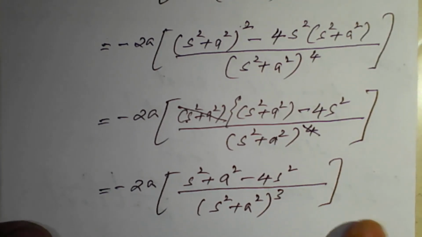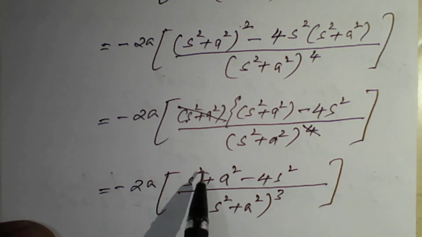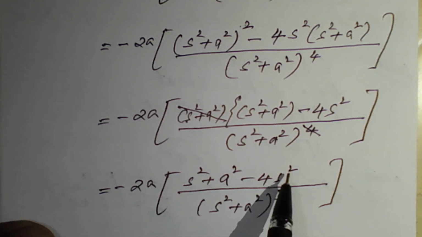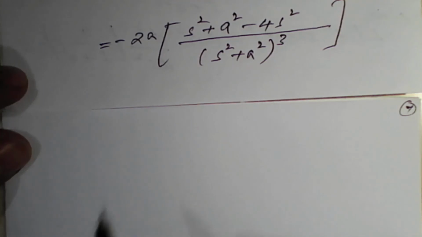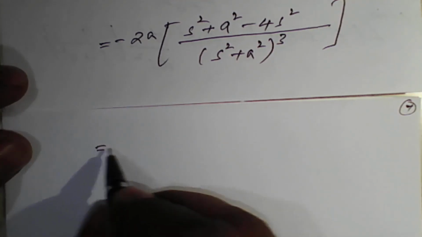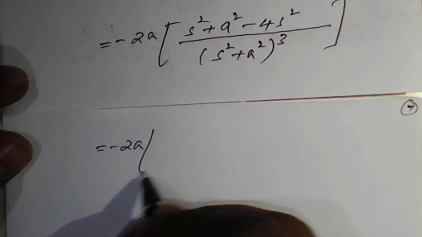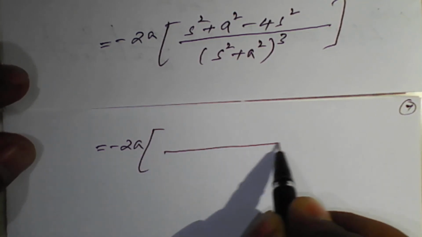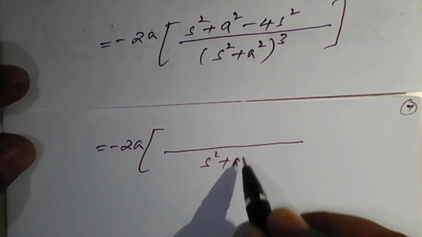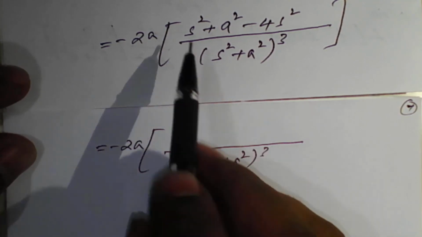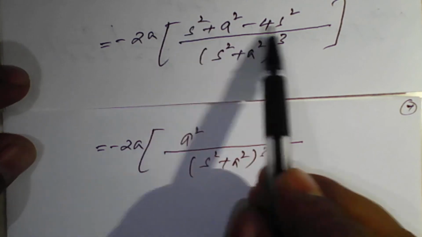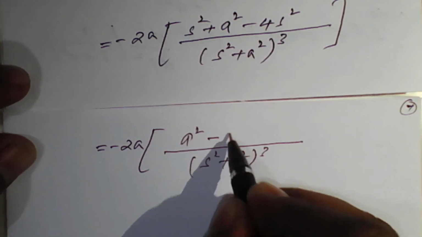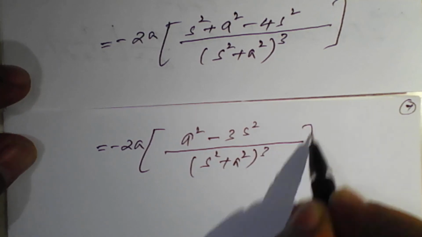So again we need to simplify this, because s square minus 4 times s square will become what here, a square minus 3 times s square. So on simplification, so we'll get here minus 2a as it is, s square plus a square whole cube. So in the numerator a square as it is. So this s square minus 4 times s square will become minus 3 times s square.